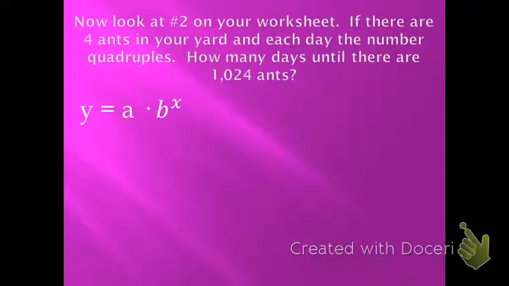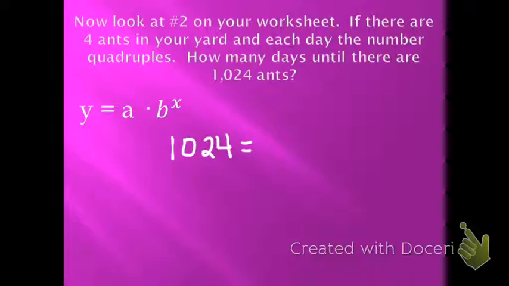Now look at number 2 on your worksheet, and it's the same sort of problem, but they give us different information. If there are 4 ants in your yard and each day the number quadruples, how many days until there are 1,024 ants? So here we have a total of 1,024.